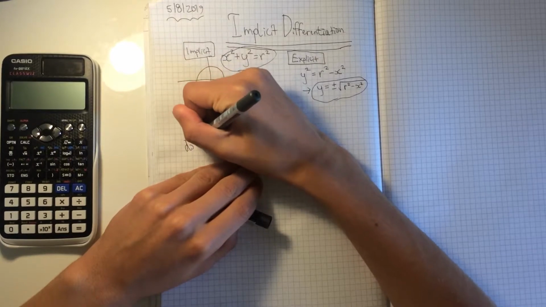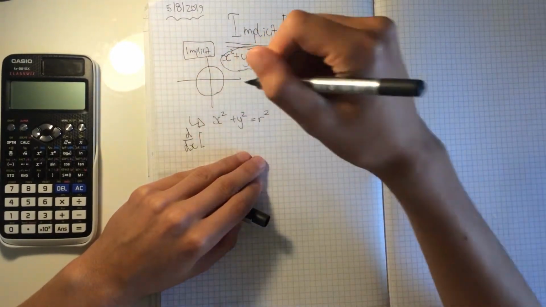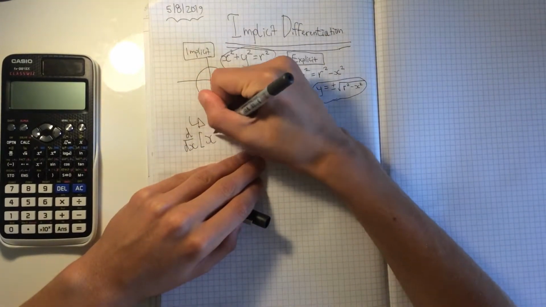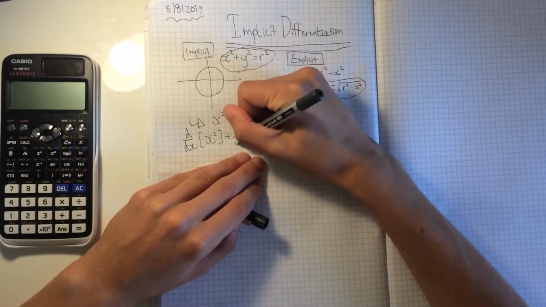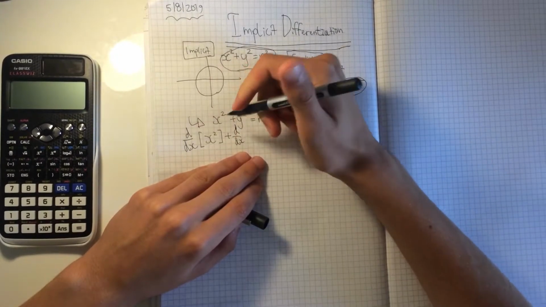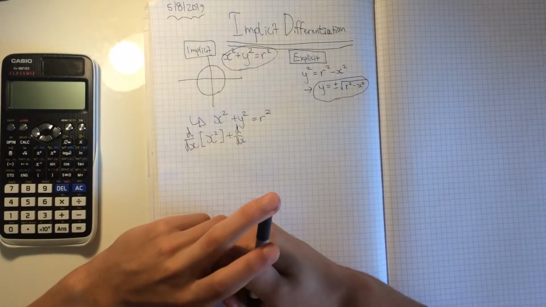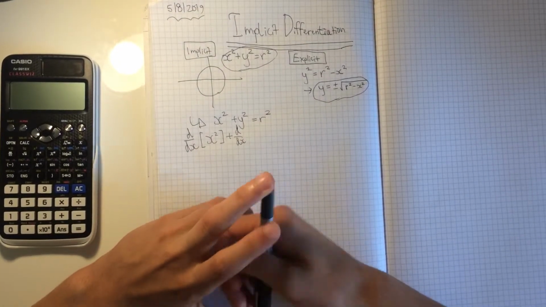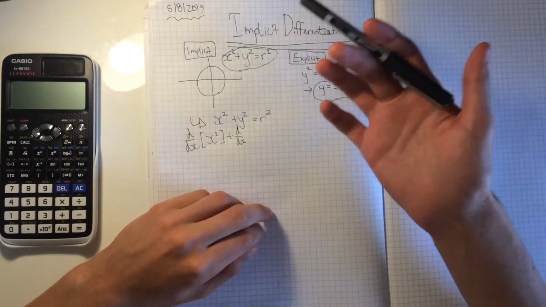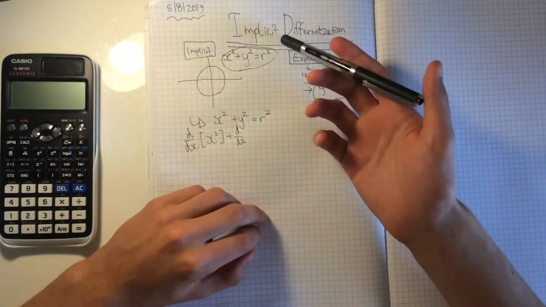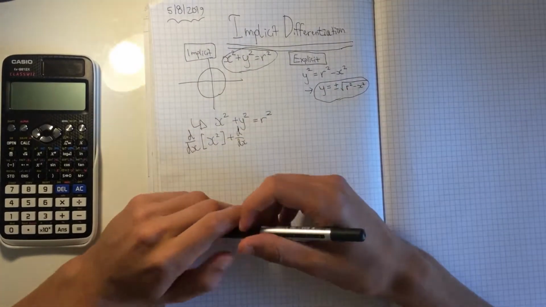We can apply the derivative operator on each one of them, so on all sides. We can just apply the derivative of x squared plus y squared and then do the same thing to r squared, but because we know the addition rule and the subtraction rule, we can work those out independently, and that will be much neater.